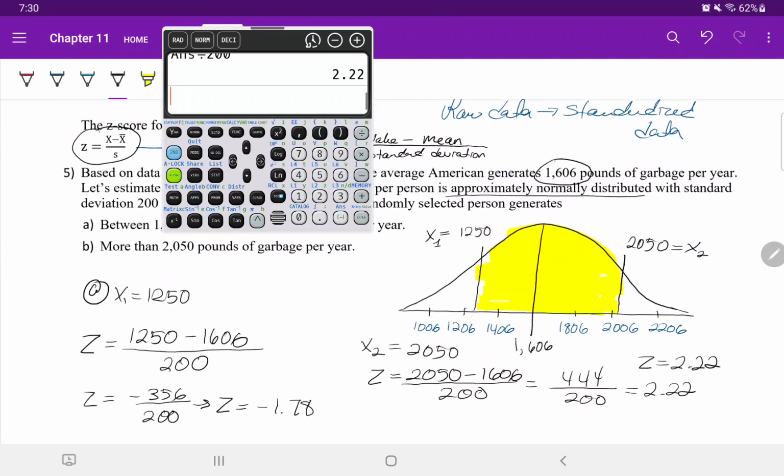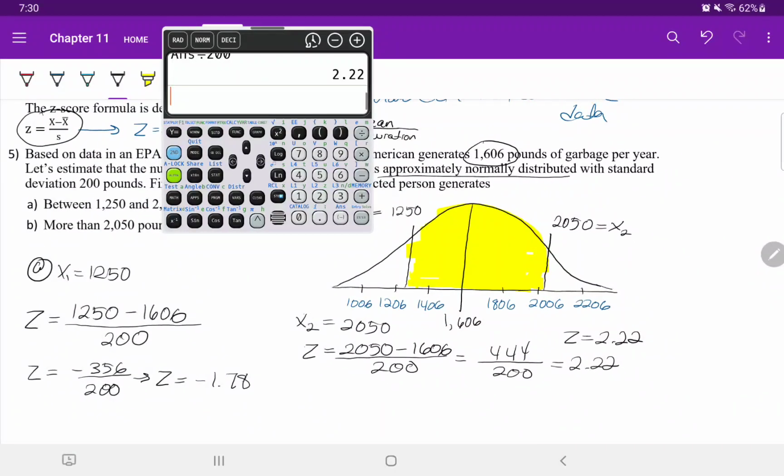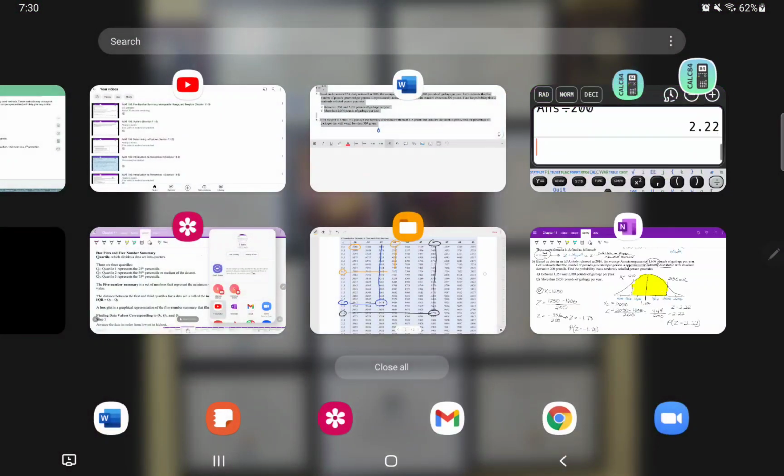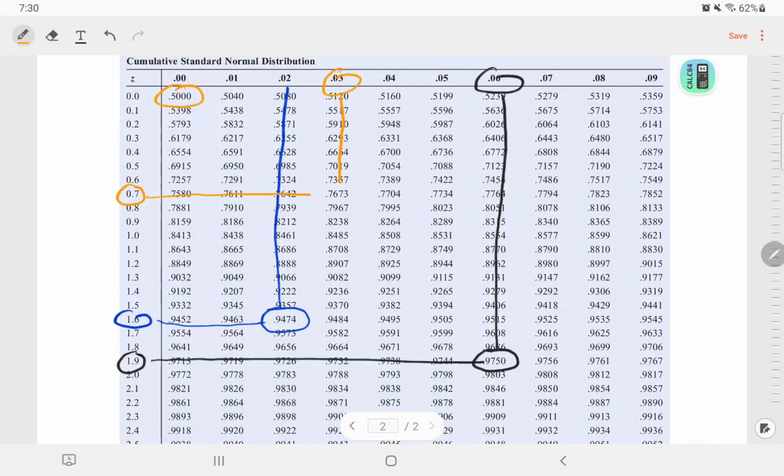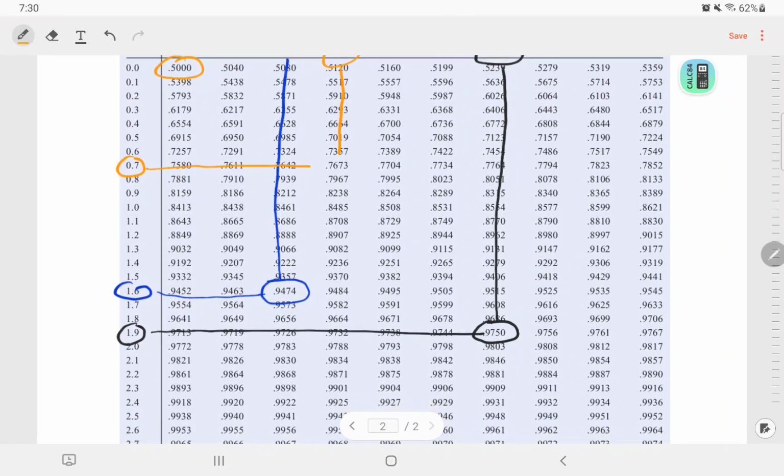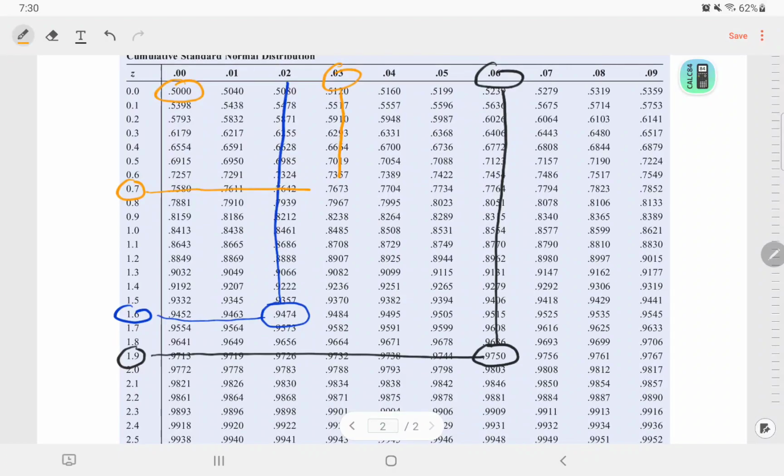After that, let's find the probability of each of those z-scores. The probability that z equals negative 1.78 and the probability that z equals 2.22. So let's stay on the positive side briefly. Z equals 2.22. That is going to be right here. Scroll down.